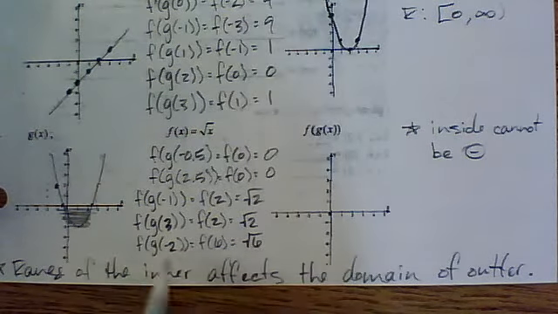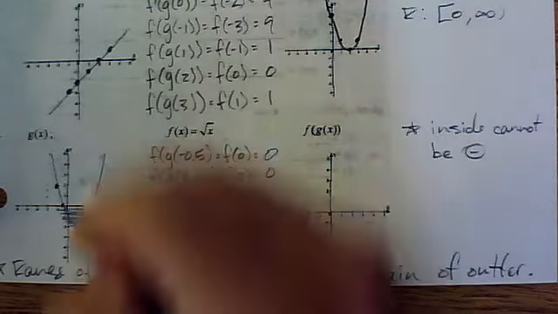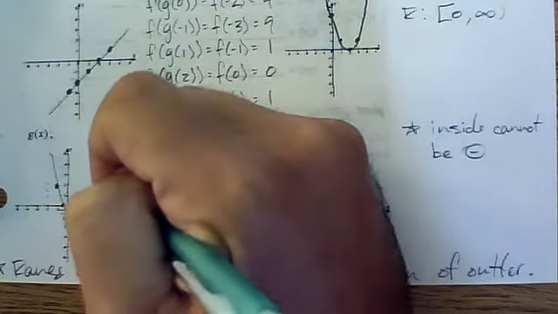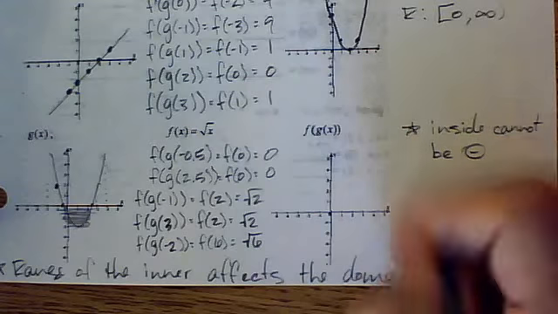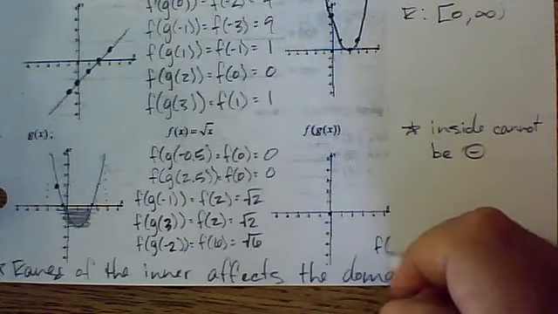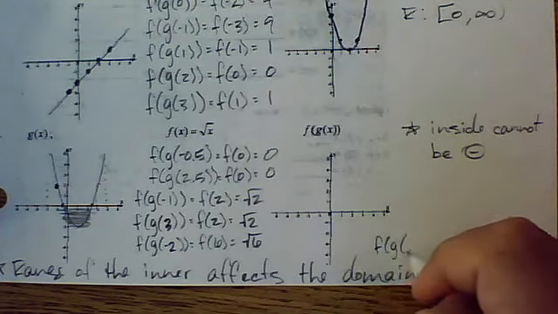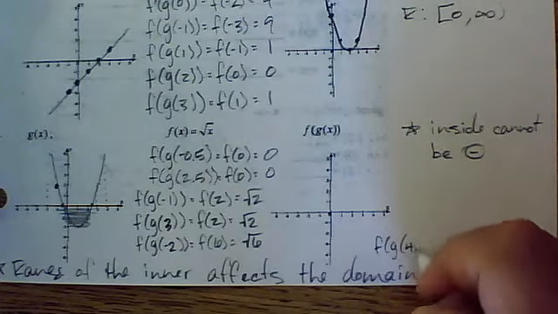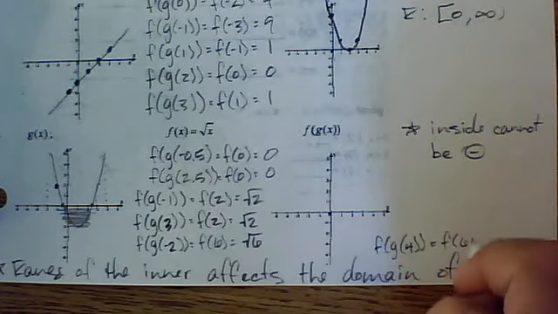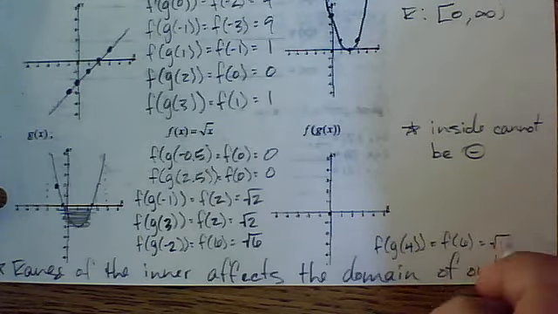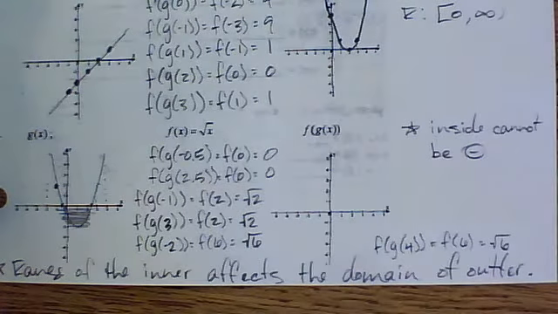And then we already chose 3, so now I'll choose 4, which is probably 6 as well. So I'll come over here and write it. F of g of 4 is equal to f of 6, which is the square root of 6.